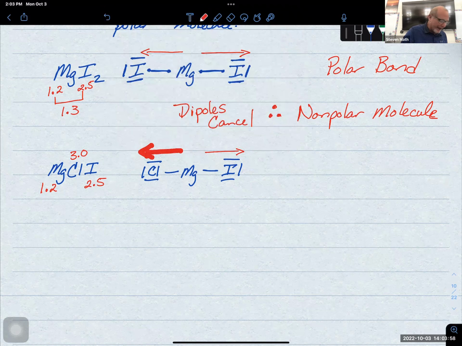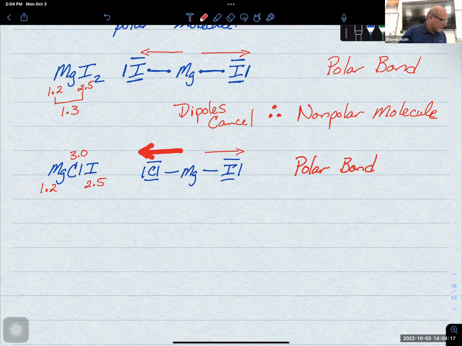And so what we have are polar bonds all about. Both of them are polar bonds. If they're both the same, just say, I've got polar bonds, and that's going to tell me, yeah, the whole molecule's got polar bonds. If they're different, then you got to tell me they're different.